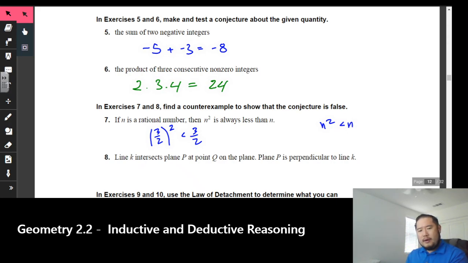Well, I'm showing you right here that if I have 3 over 2 and I square that, is that going to be less than 3 halves? Well, if I take 3 over 2 and you square it, and remember the exponent goes to both top and bottom when it comes to a fraction like this, I'll end up with 9 over 4.